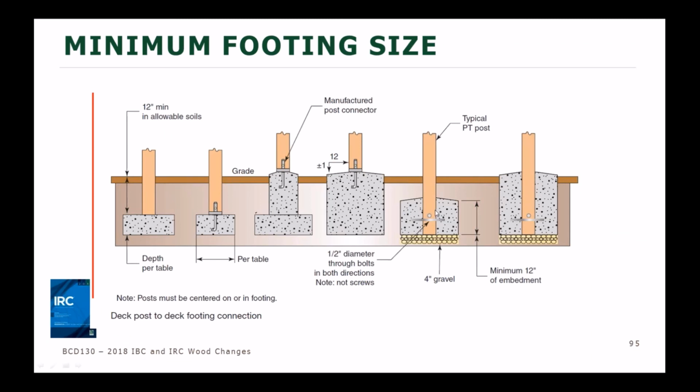If you look on the far right, we have the pressure-treated post that goes all the way down to gravel at the bottom. So this is the major change here, and it's simply showing that you're going to have gravel under that footing to support the pressure-treated post and the concrete footing that's going to surround that post. The connectors have also been added in some of these other details.